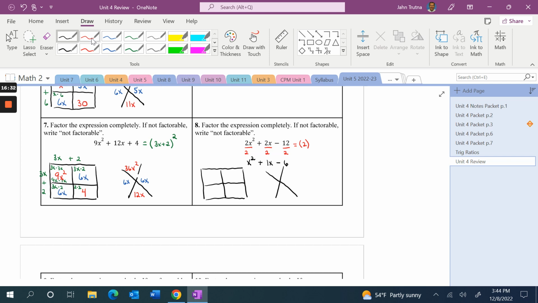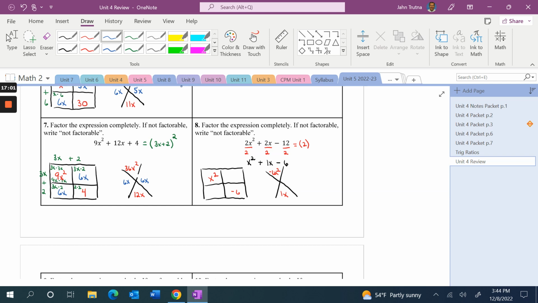Then you fill in the x squared, not the 2x squared, the 1x, not the 2x, and the minus 6 in your area model and your diamond problem. Negative 6 multiplied with x squared is negative 6x squared, so I put that at the top of my diamond problem. So just be careful before you factor. If there is a common factor, divide it out.